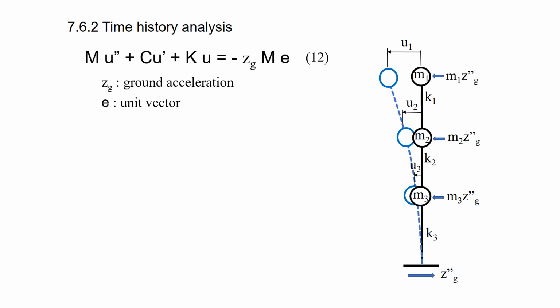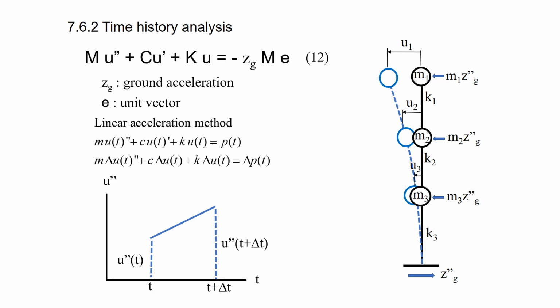The dynamic equation is expressed by the differential equation 12, which can be numerically solved. One of the common methods is the linear acceleration method, where u2' at t is used to calculate u2' at t plus delta t, the next step.